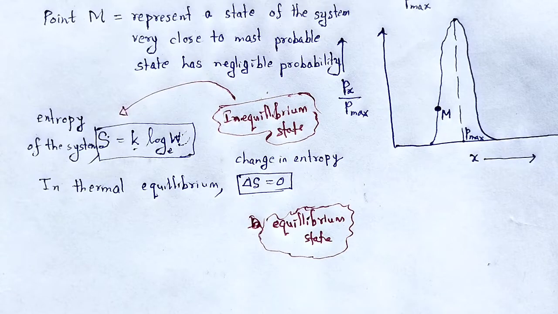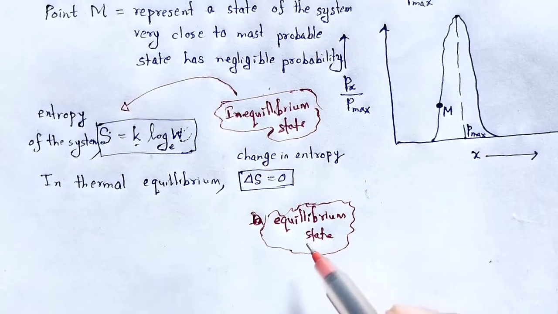Because the equilibrium state cannot further proceed to inequilibrium state, that type of process is said to be irreversible in nature. All the natural processes are irreversible processes. For an irreversible process, the change in entropy is always greater than 0.